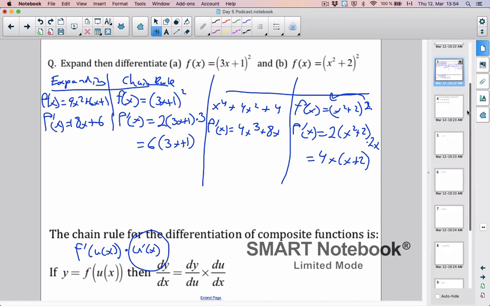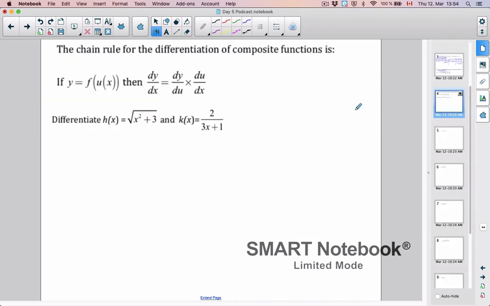Okay, next we're going to do some more examples. This is the example we talked about a bit earlier that we started. So remember, h of x equals (x squared plus 3) to the power of half. When we find the derivative, we treat this like one thing.